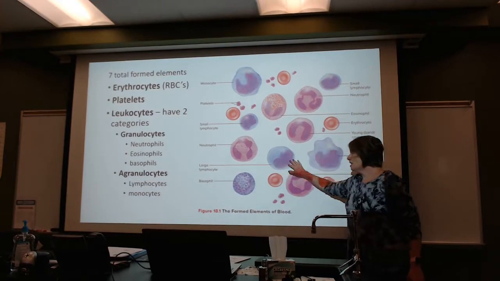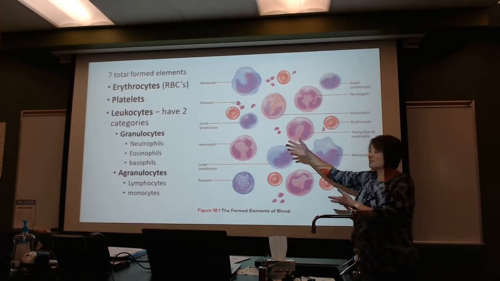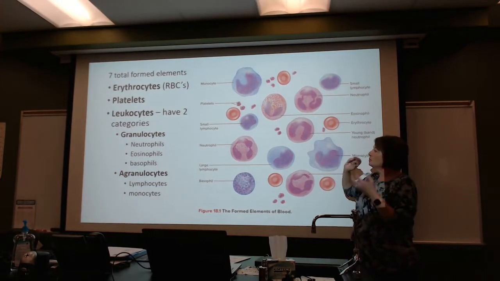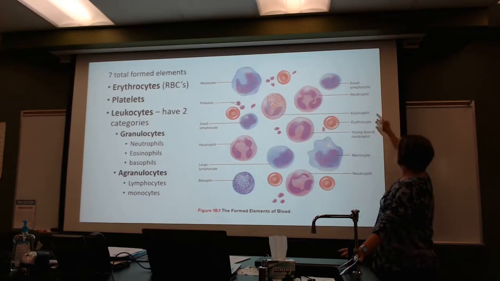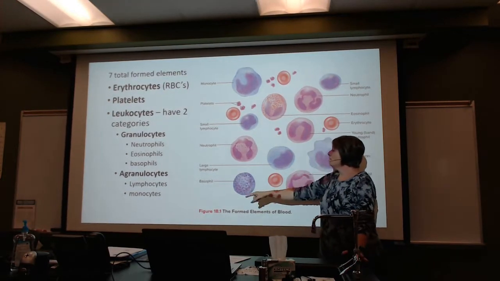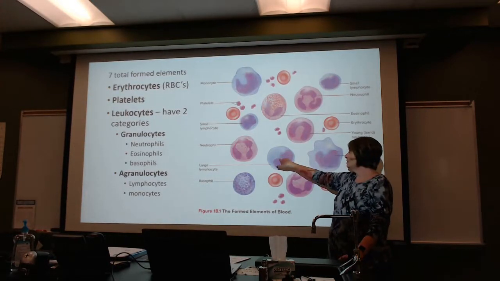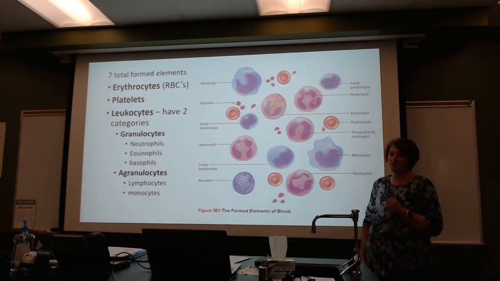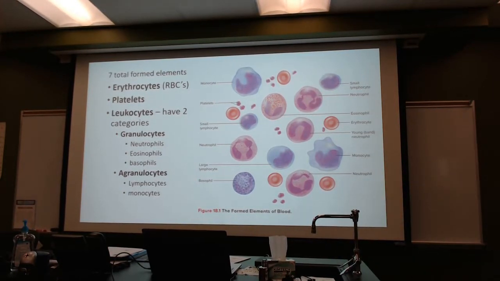Now, this is trying to show you a representation of what these leukocytes look like. So, neutrophils, eosinophils, right here, basophils, and then they're trying to show me lymphocytes and monocytes. They're showing you that the leukocytes maintain their nucleus.